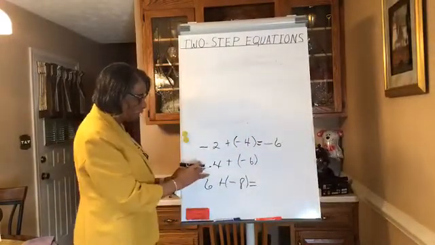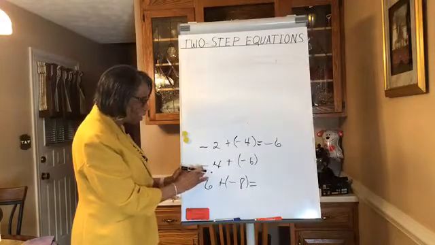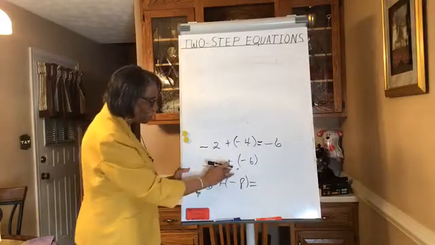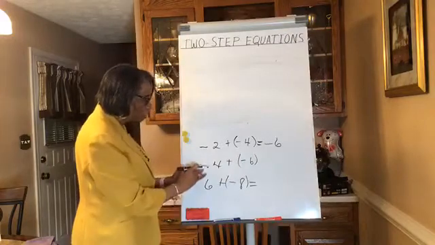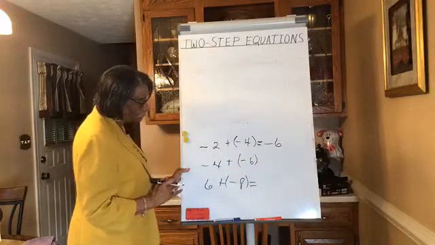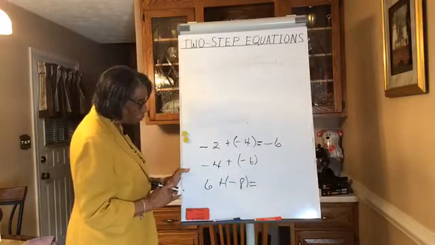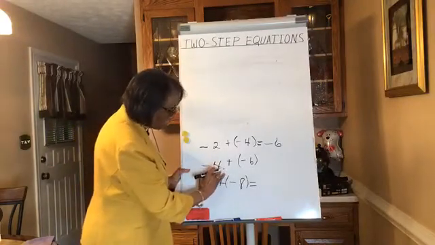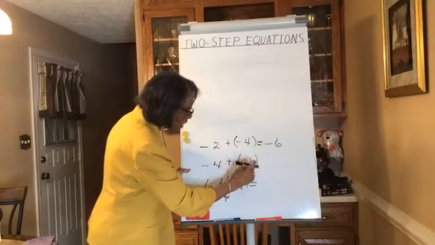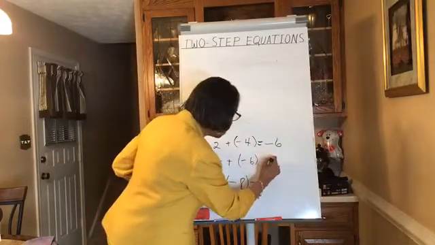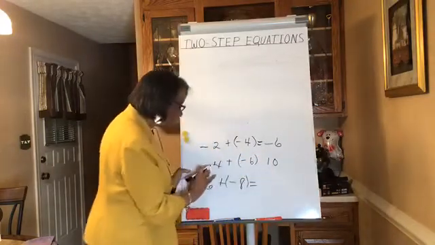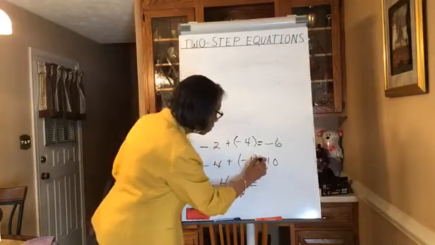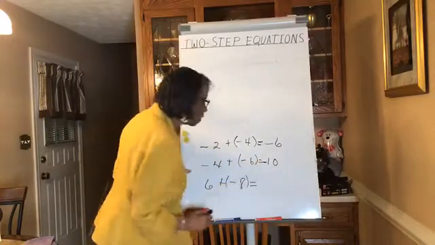All right, again, we have the same situation. Negative 4 plus negative 6, again, is two negatives. And we add absolute value of 4 plus absolute value of 6 is 10. Both are negative, so the sum is negative.